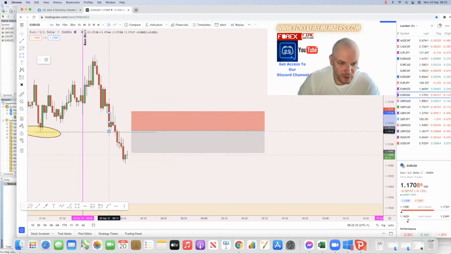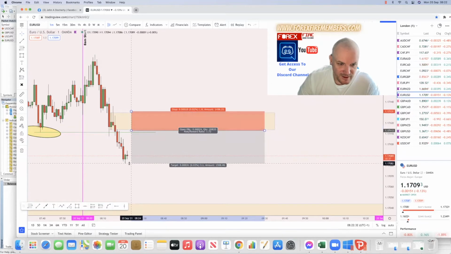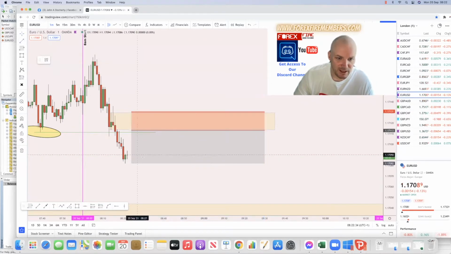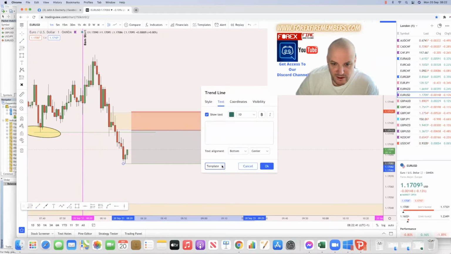We've got the order block of that, stretch it out. We've got the entry just below it, and we've got the stop just above. Again, TP, mark that out. Have your templates.